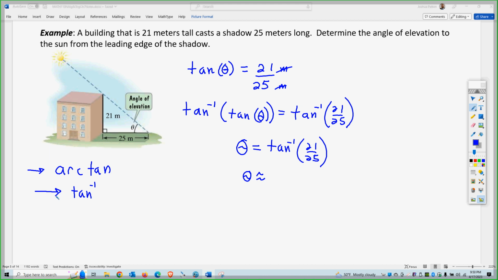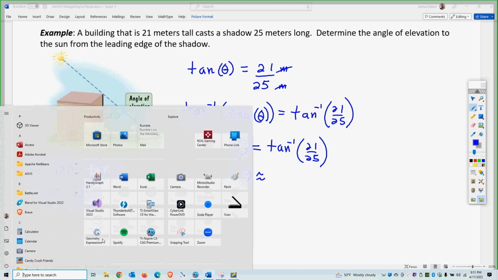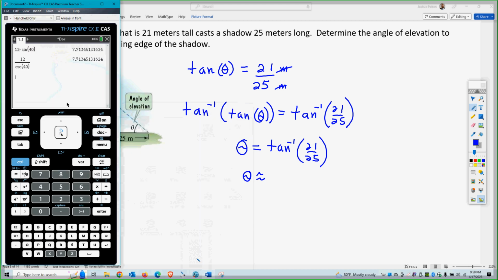Okay, so keep in mind when you do this, do you want the angle in radians or do you want the angle in degrees? So when you use your calculator, again, make sure you know what mode it's in. So if I do tangent inverse of 21 divided by 25, and I get that answer, this says degrees, that's the degree answer.